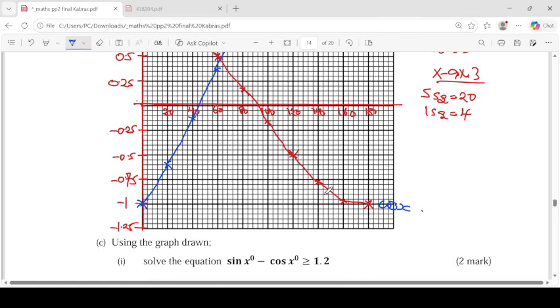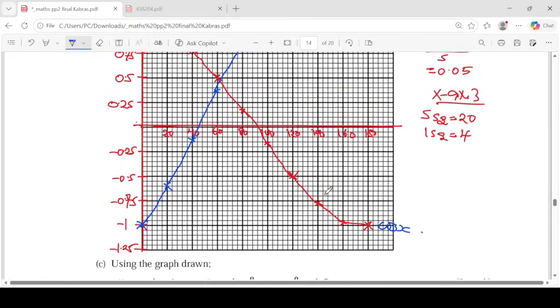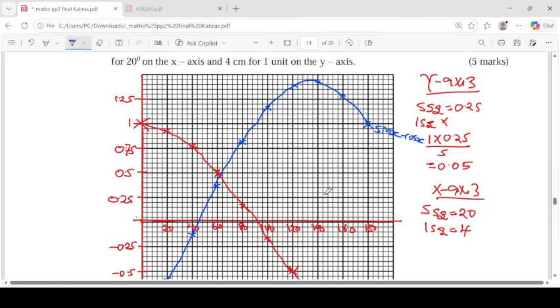So let's look at the line where y is equal to 1.2. Where is y 1.2? When I take 1.2 divided by 0.05, 24.